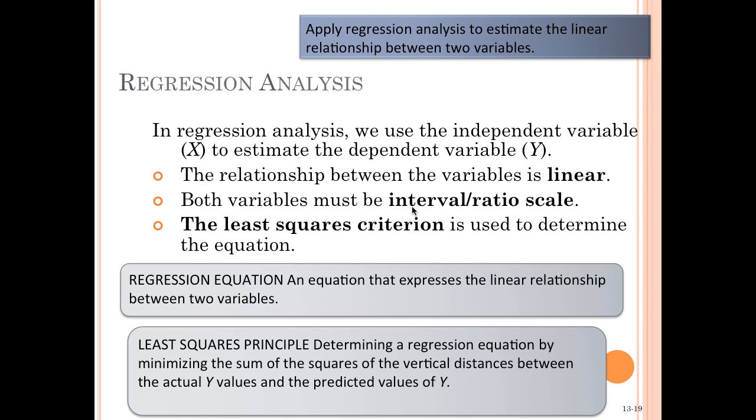So don't worry too much about how it's calculated. Just know that the line is calculated in order to find the one that fits all of the data points the best, minimizing these distances between your actual Y values and your predicted Y values. Your predicted Y values is your best fitting line.